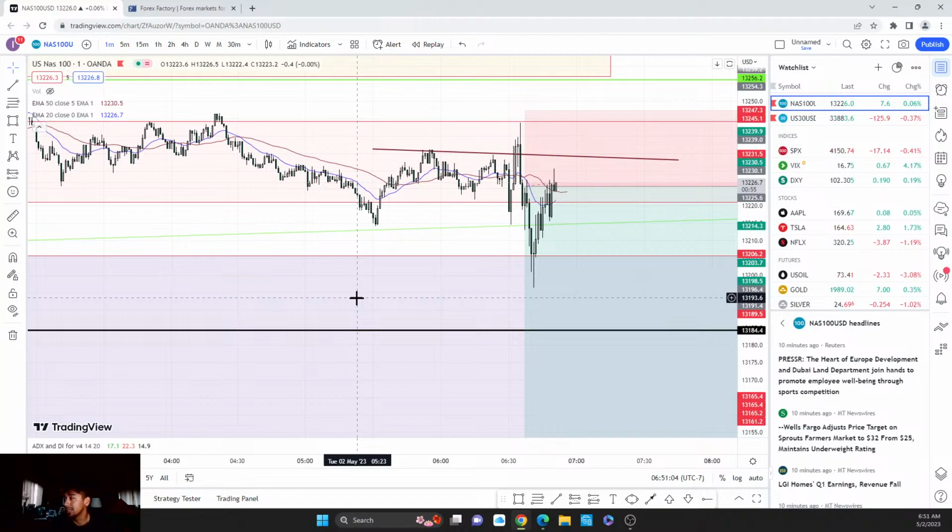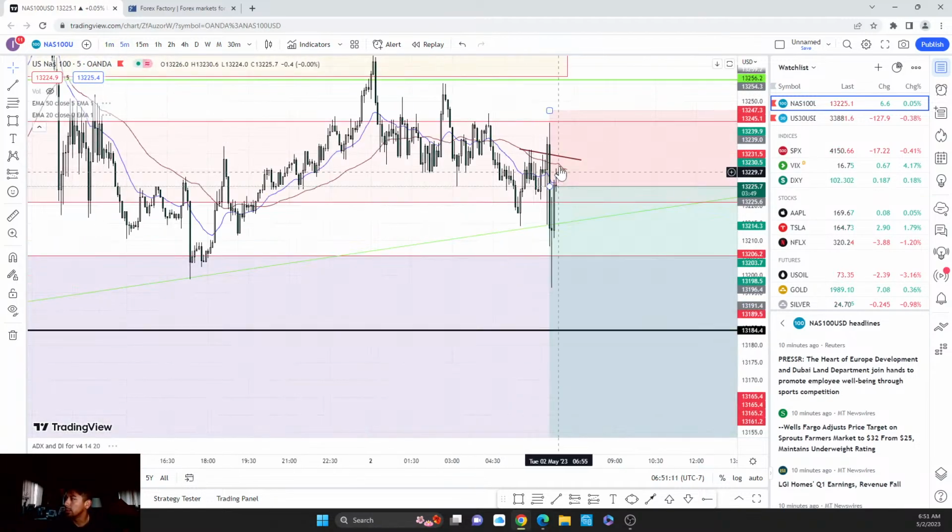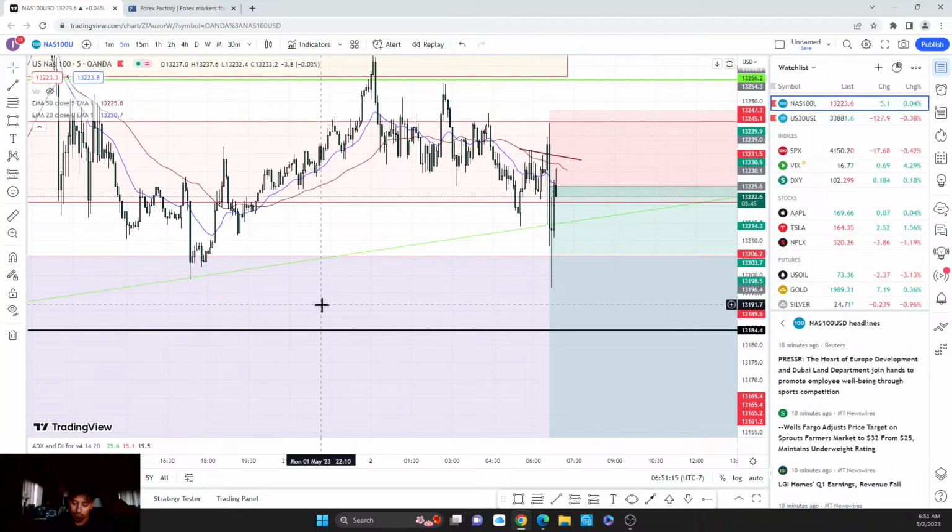As long as it stays on top of the 1 minute, it could still use it as support, the 50 EMA, but I think the 5 minute right here as well. So let's see what we got. Still got that push up.